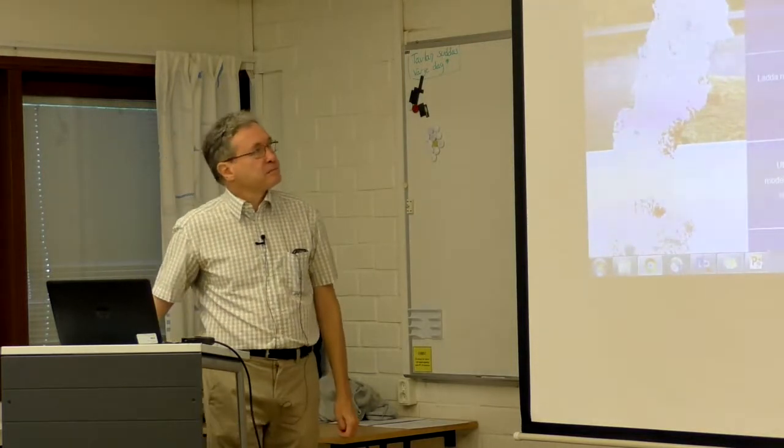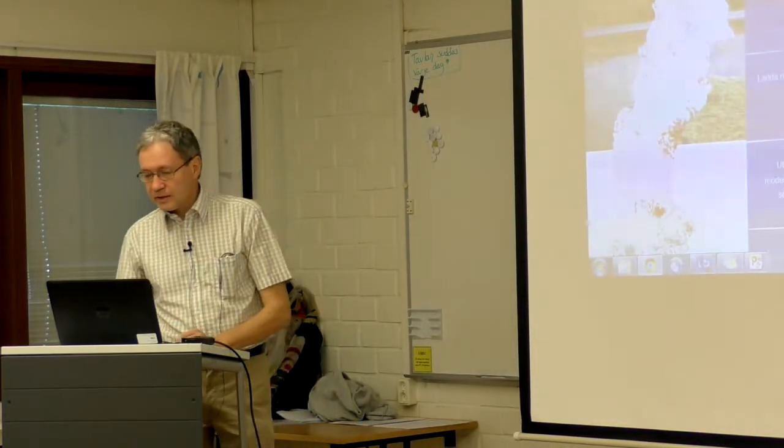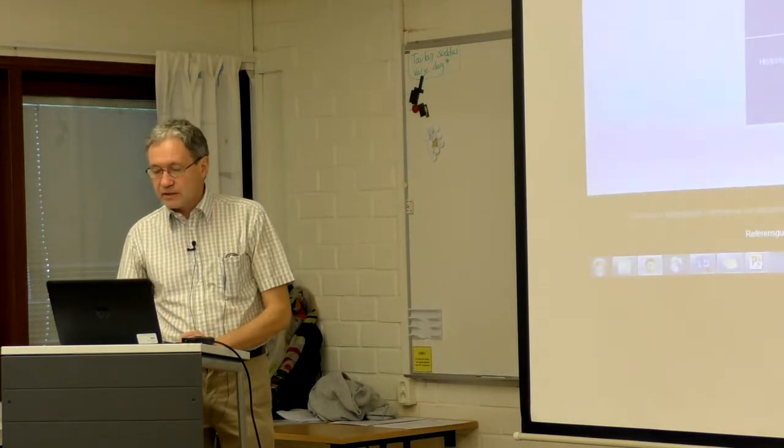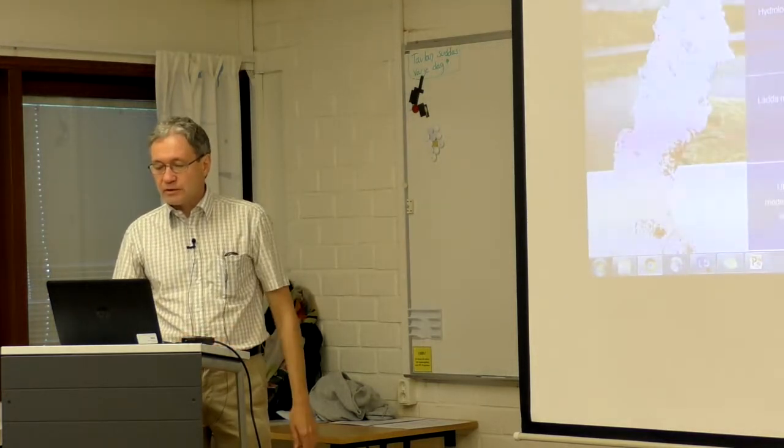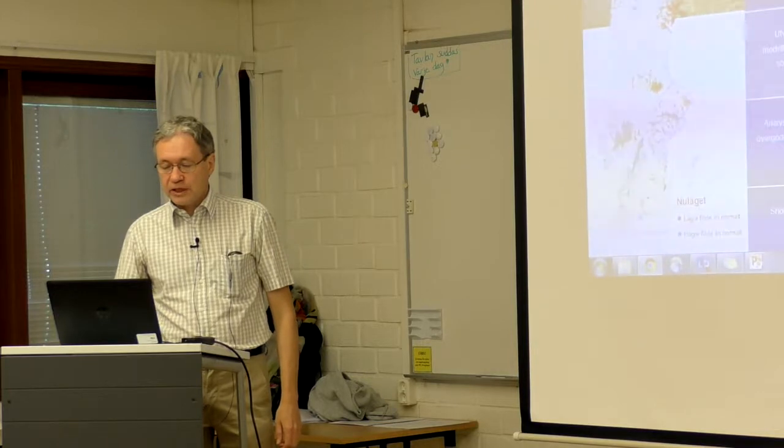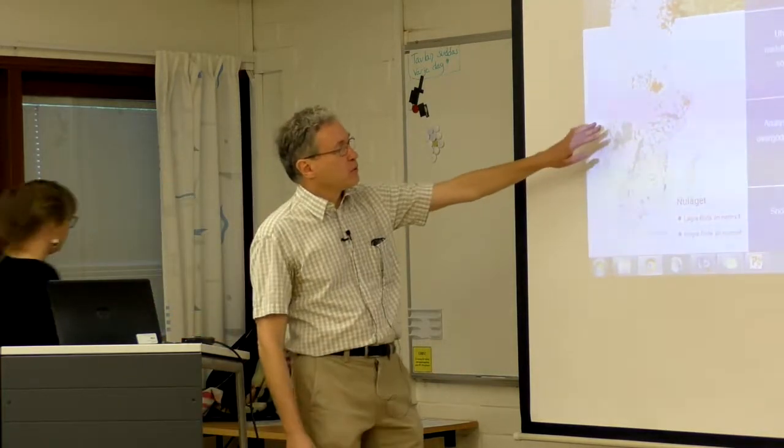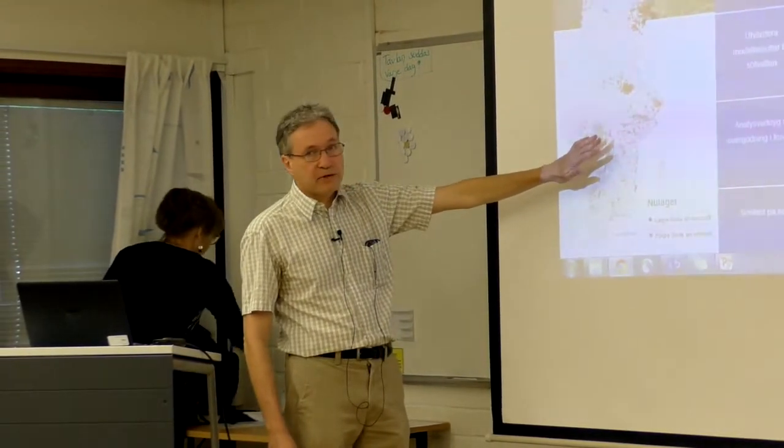Okay, it changes the layout according to the screen. This is an operational use of the model where we can see the hydrological situation today compared to what is normal for this day of the year.